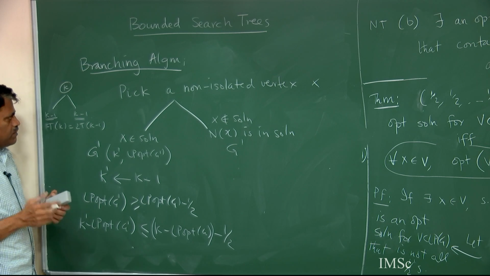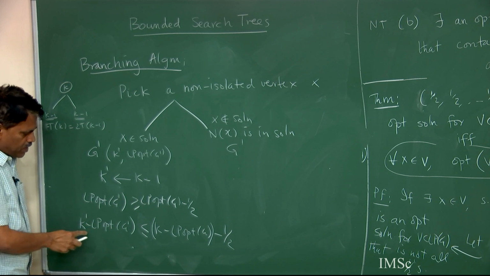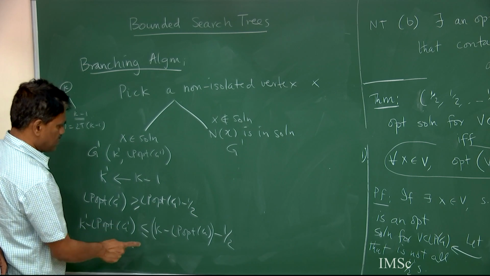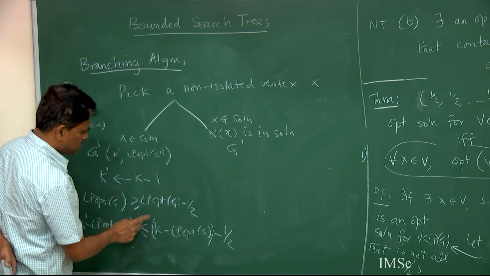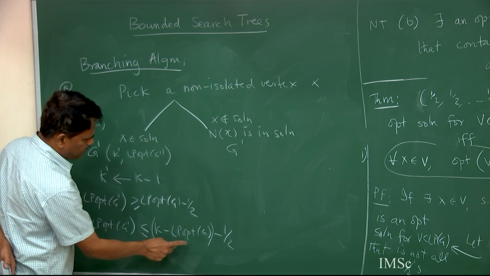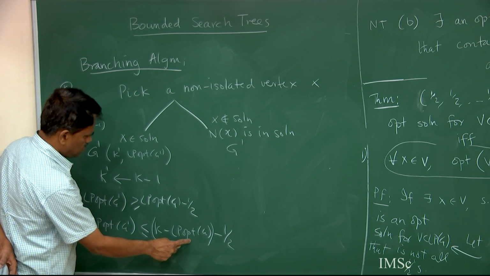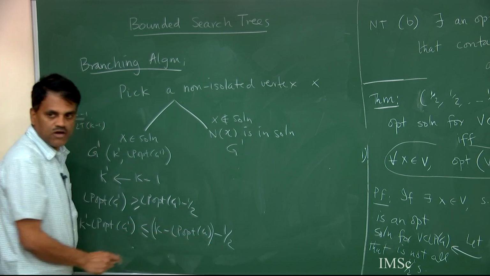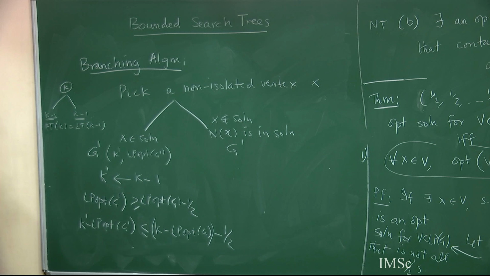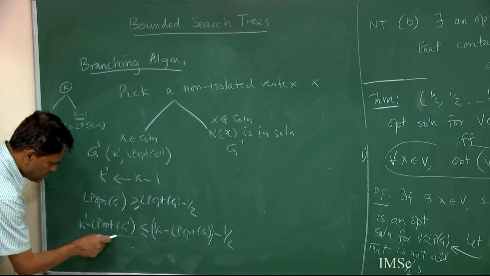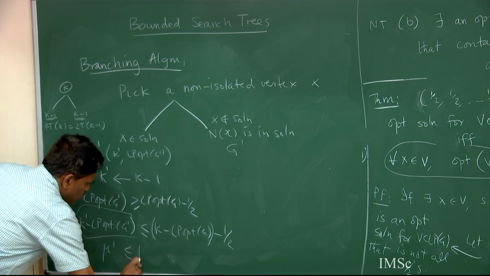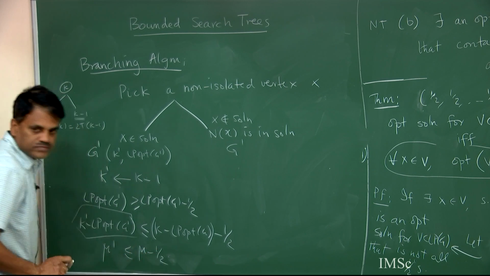So, here my measure is this difference K prime minus LP opt. Since LP opt is at least this much, it is at most K minus LP opt minus 1 plus half, which is minus half, which means the new measure, if I call this some mu prime, is less than or equal to mu minus half.